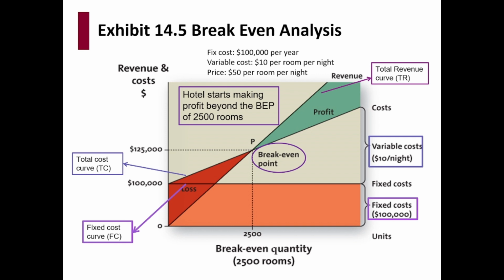As you can see, the fixed cost curve is a horizontal line because fixed costs do not change over different levels of volume. The total cost curve starts where the fixed cost curve intersects the vertical axis at 100,000 when volume is equal to 0.